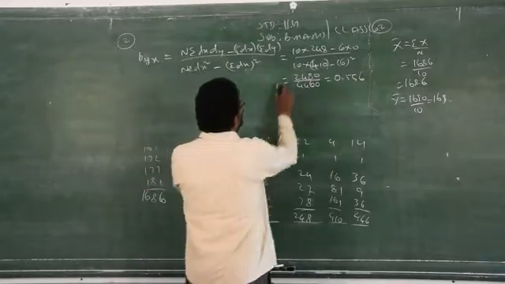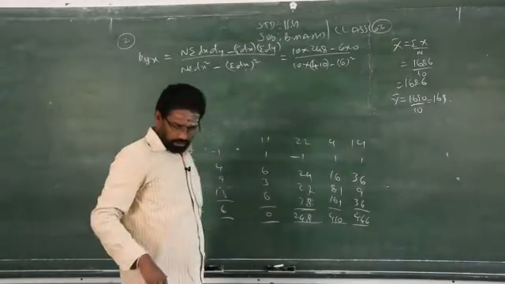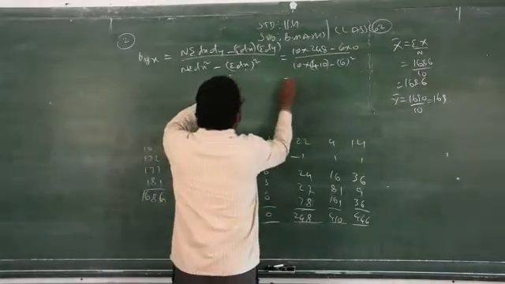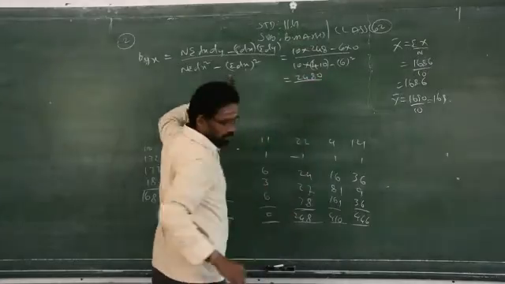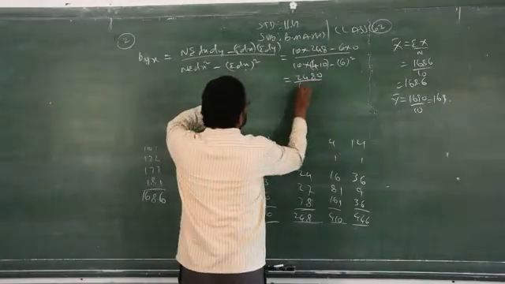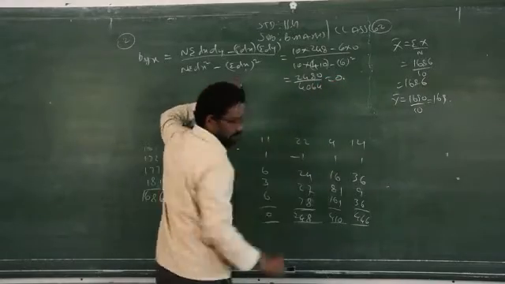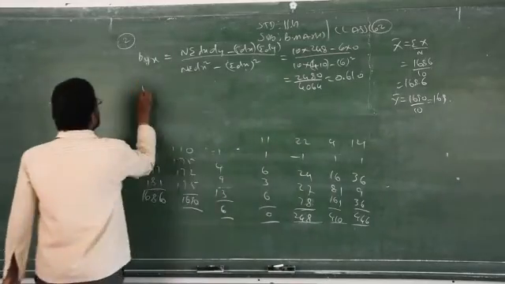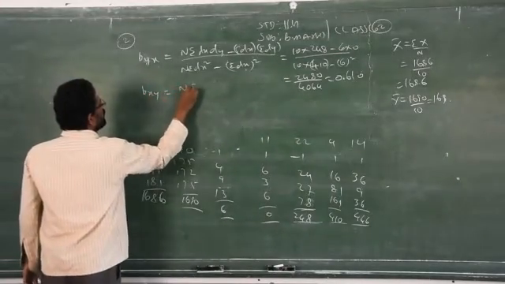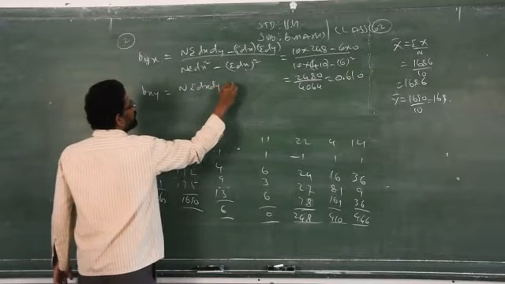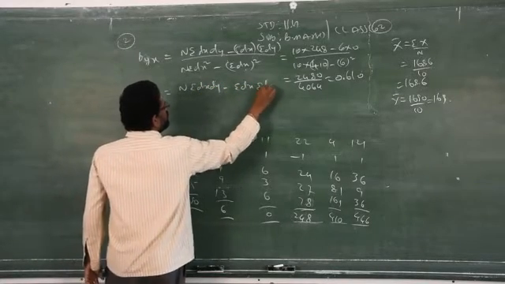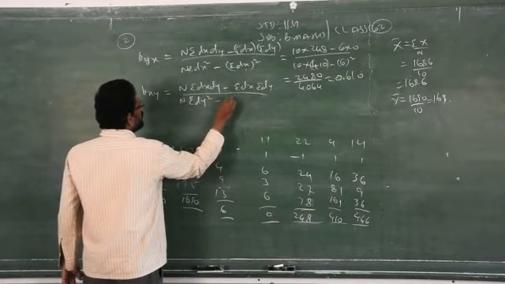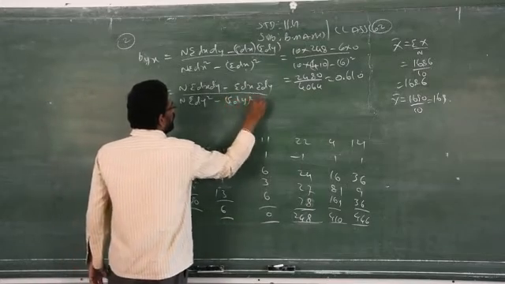Similarly, you have to find out byx, this is something different. Byx is 2480 by 4064, which is 0.610. Clear? Similarly, you have to find out bxy, that is n into summation dx dy minus summation dx summation dy by n into summation dy square minus summation dy the whole square.